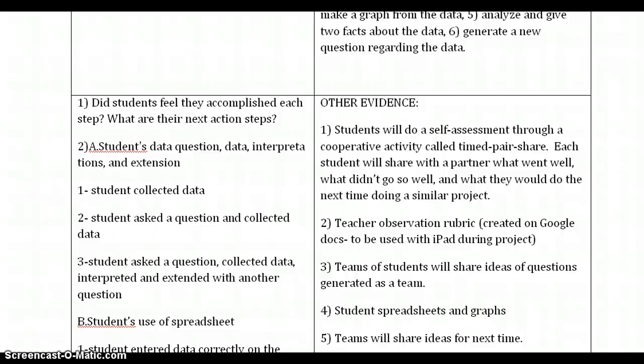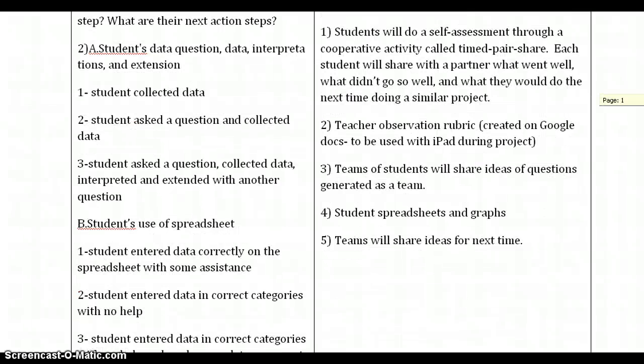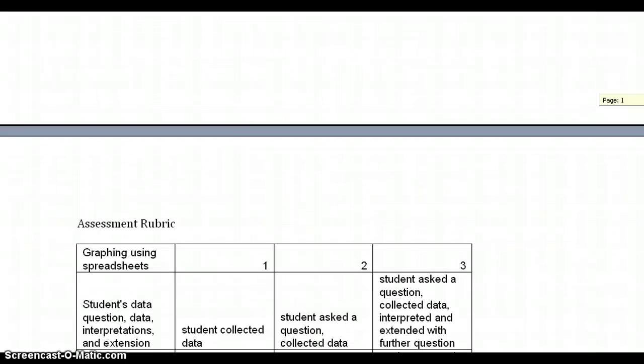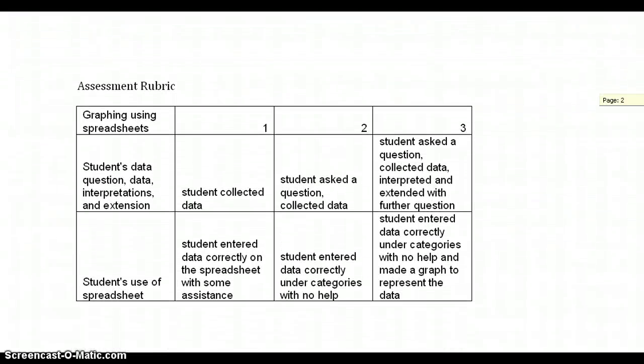And then I will also be doing a teacher observation rubric, and that is listed below. So I have my assessment rubric here, students, data question, data interpretations and extensions, and you can see the different levels that I would rate them. And then students use the spreadsheet. And again, this is one of those clipboard type things, quick and easy for me, and doesn't take much time.